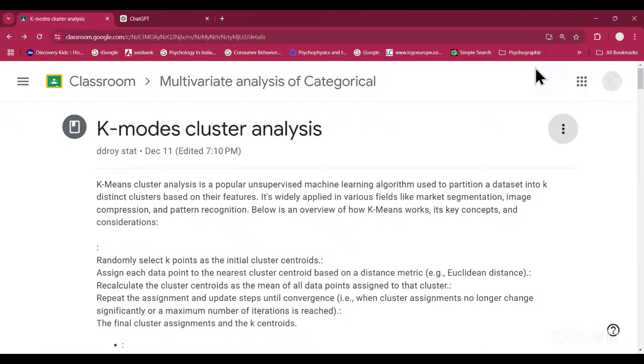So the mean distance from one subject to another can provide you the knowledge about to what extent one set of data is close to the other set of data.